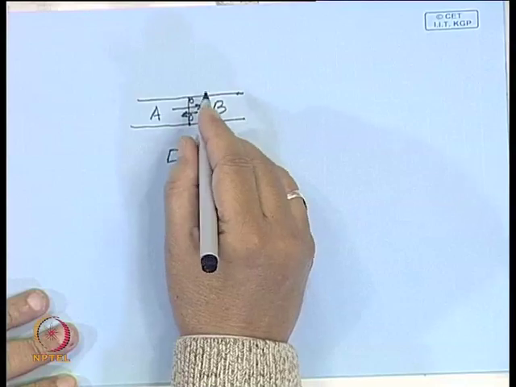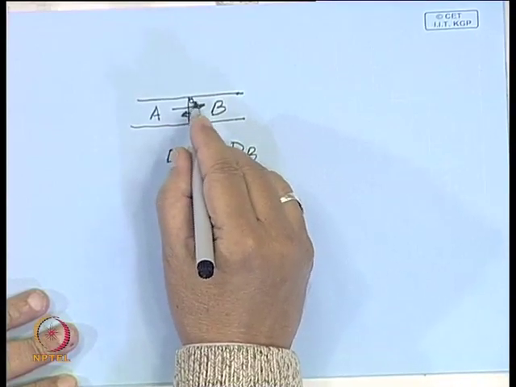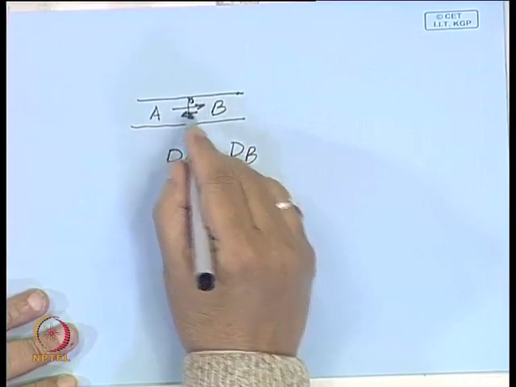So, obviously, what will happen, this interface will move like this, the marker remains constant.